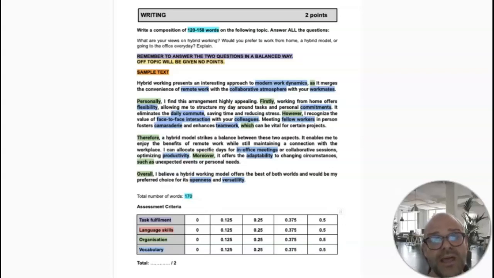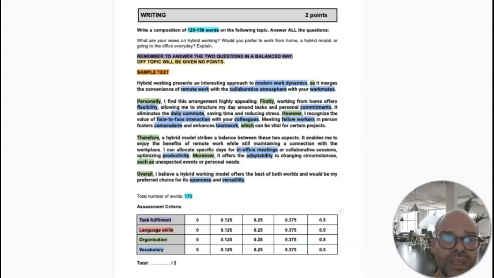Okay? Now, here you have a sample text, and as you can see, the second criteria of the assessment is language skills. This means that the grammar, the correction of these texts has to be good, okay? The third point of the criteria is that you have to use connectors, you have to use paragraphs.